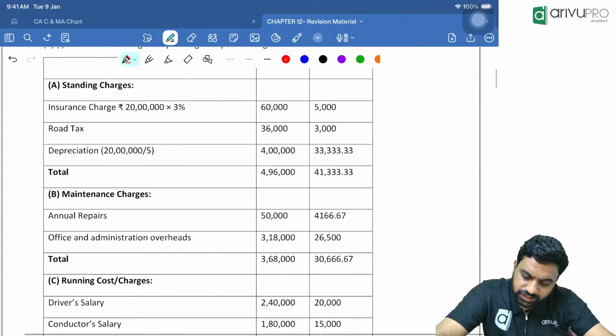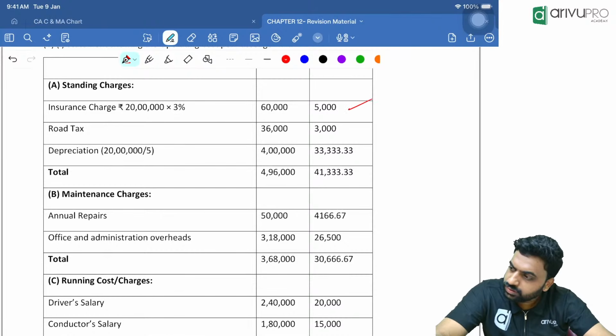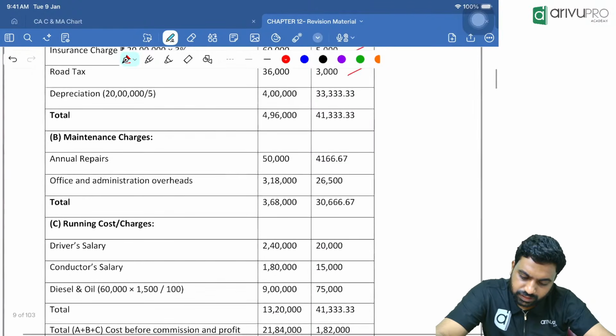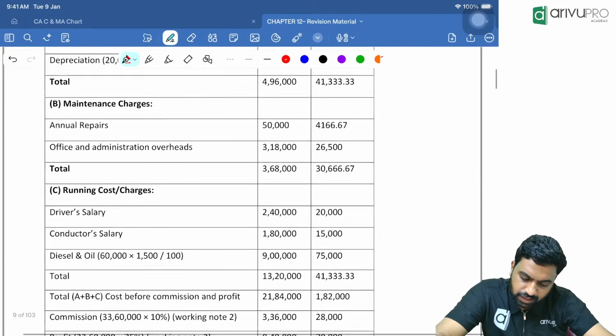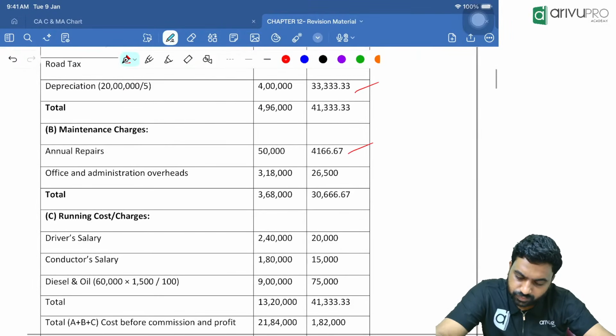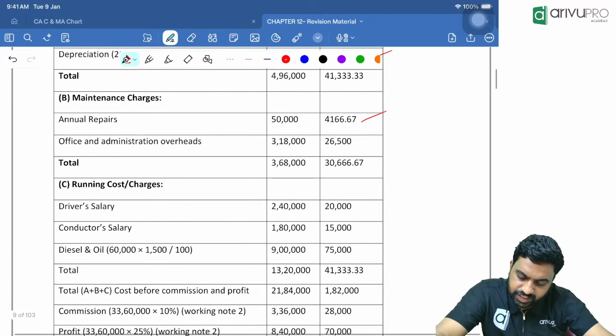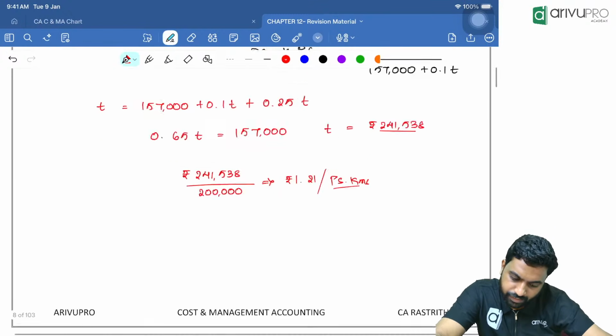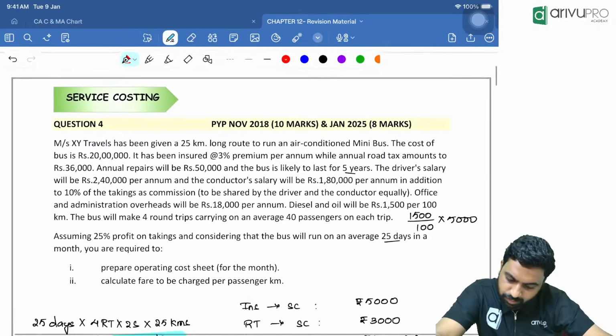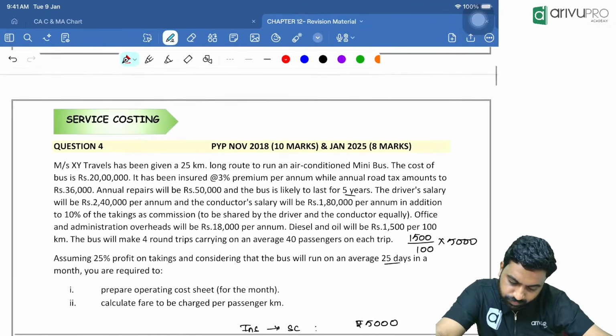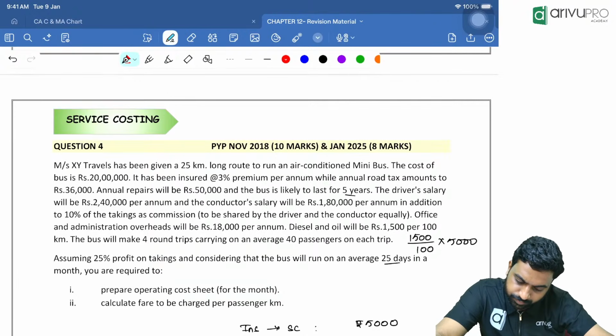Insurance we took 5,000, is it? Yes, sir. Road tax, depreciation, annual repairs, 4,160, office and admin. Did they say per month or per annum for office and admin? 18,000 per annum, no?